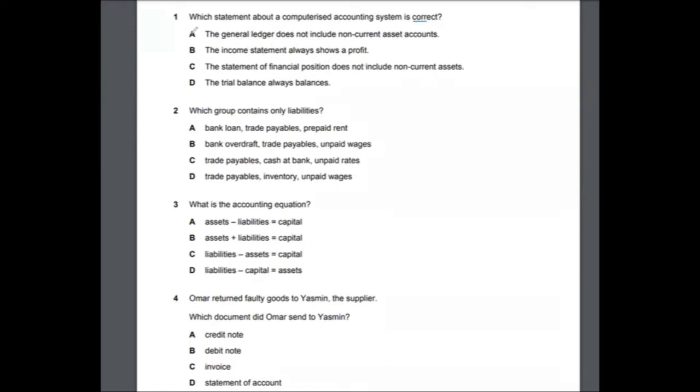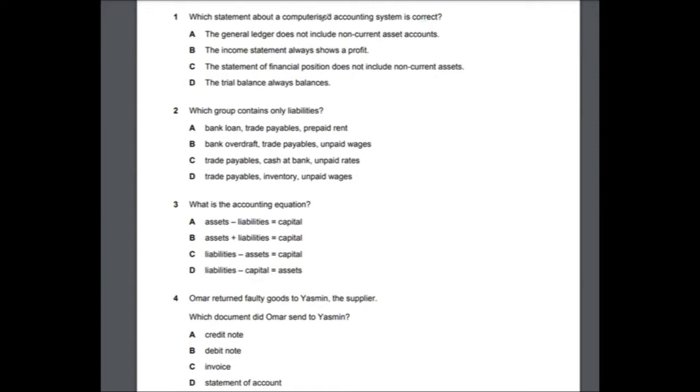Again, if A is incorrect, C is automatically incorrect too. So by the process of elimination, we come to option D. The trial balance always balances because that's an advantage of computers. It helps you balance your trial balance. Now the balances can be wrong by themselves, but still the trial balance will balance. So the correct option to multiple choice 1 is option D.